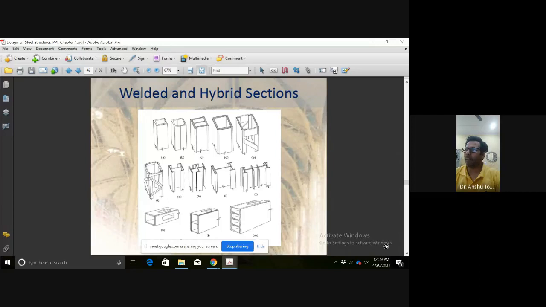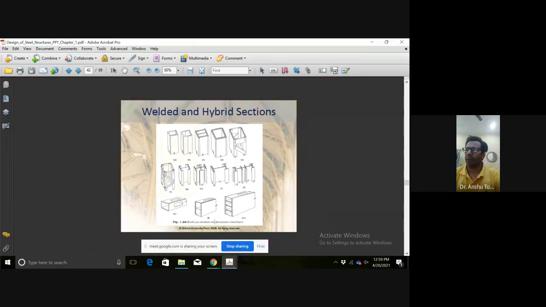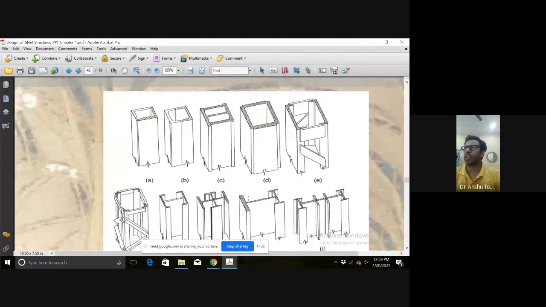Now it varies from company to company. As you can see here, so many options are there.